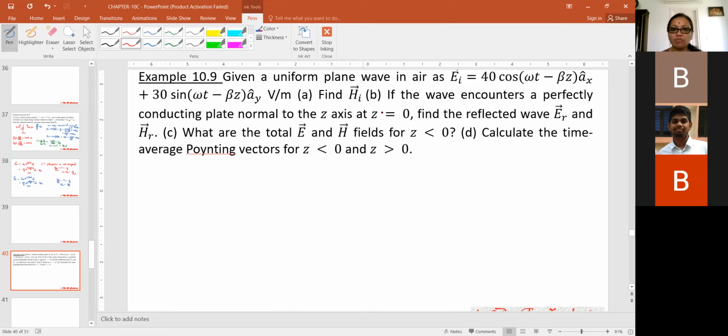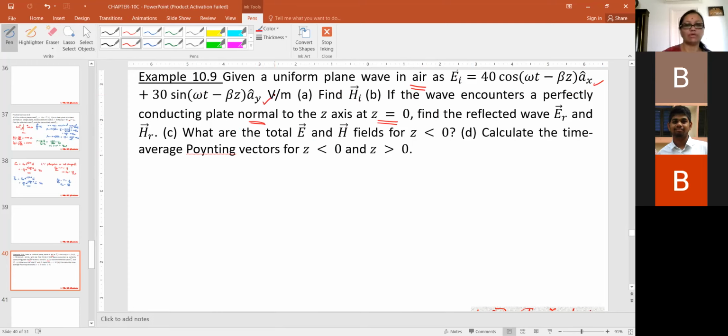Now, how is this problem different from the previous problem? It is in air, so mu naught epsilon naught. Then it is normal incidence only, and z greater than or equal to 0. That's also fine. But look at the electric field. It has got 2 components, an x component and a y component. So the work will become double. That's all.